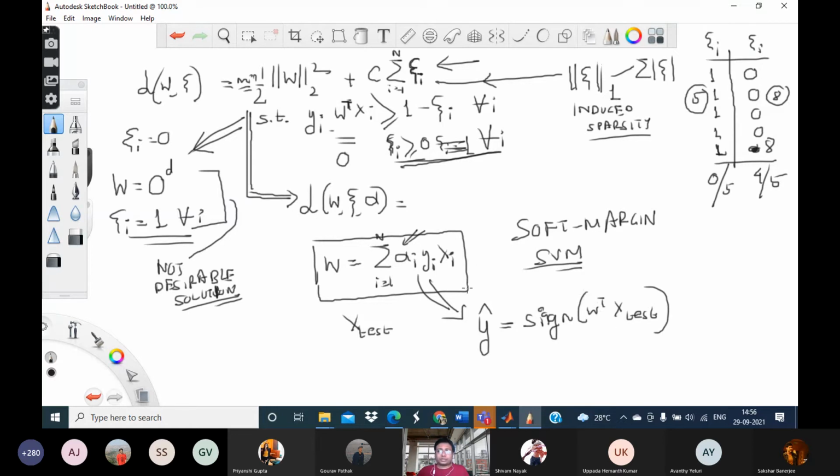Now what is this W? W is this W. So let us bring that equation in. Instead of W, we substitute the value of W, and what I get is as follows: sum from 1 through n of alpha i yi xi transpose x test.